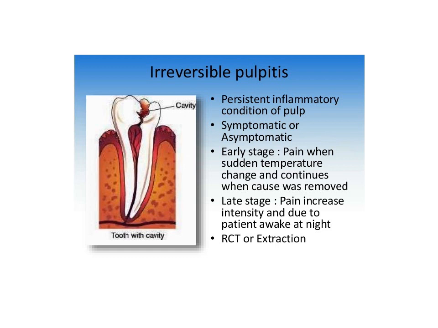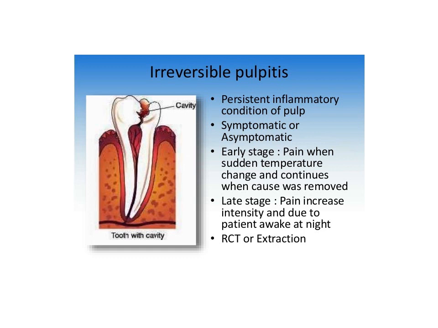For irreversible pulpitis, here it is just a persisting of inflamed pulp, could be symptomatic and asymptomatic. In the early stage, there is pain on sudden temperature change, and it continues when the cause is removed.